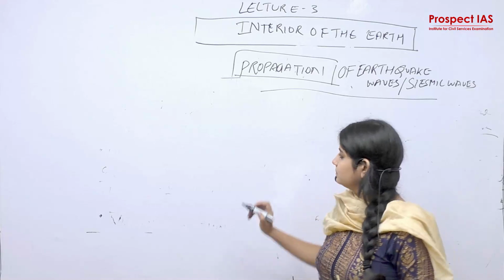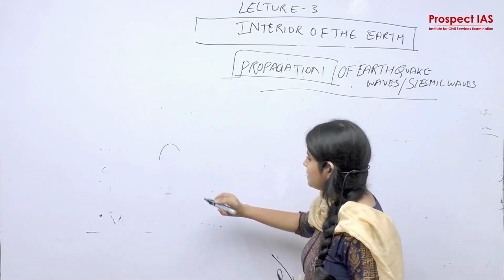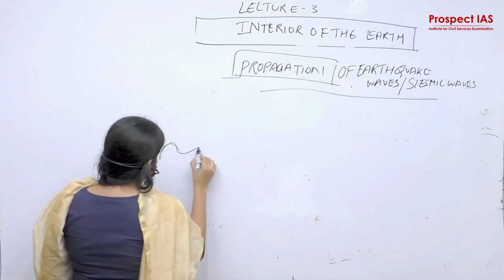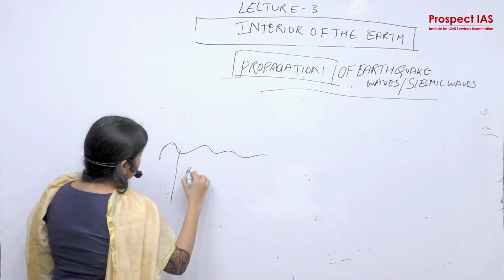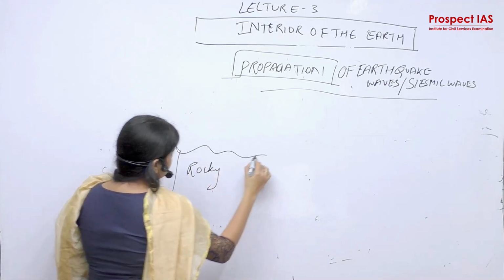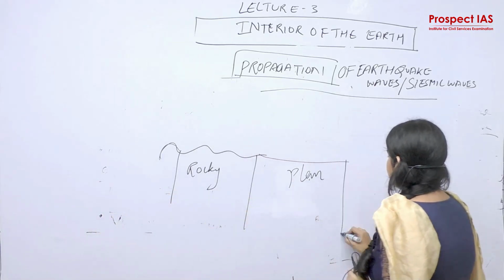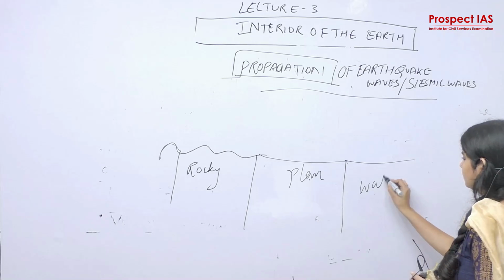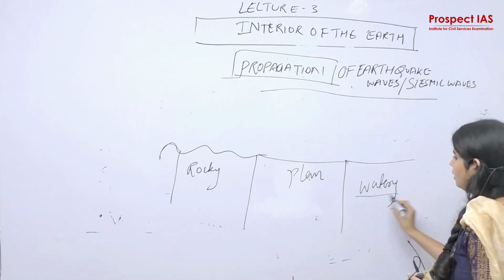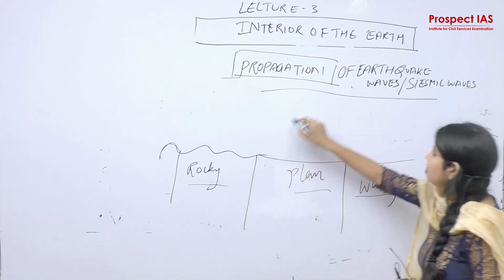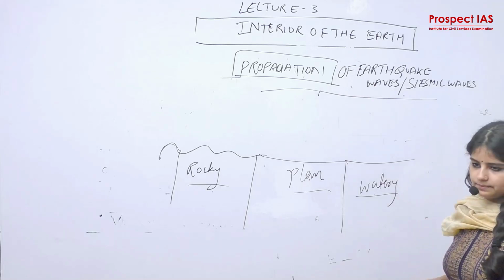Vibration of the body happens. Suppose the structure is rocky, as in the earth crust. If the structure is plain, if the structure is watery, what would be the mechanism of propagation of earthquake waves?